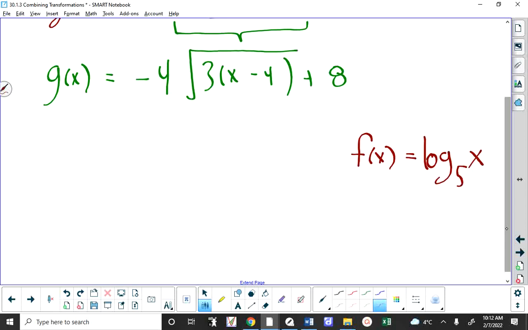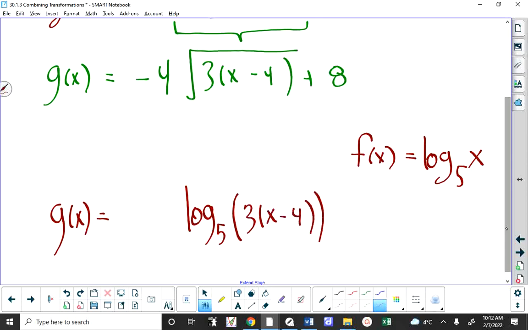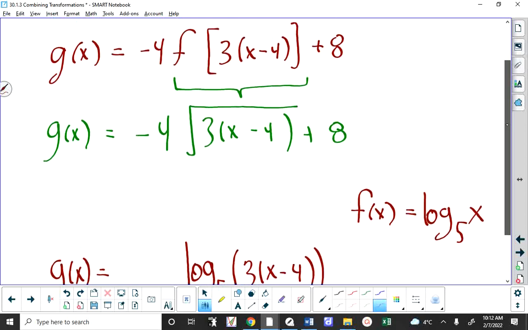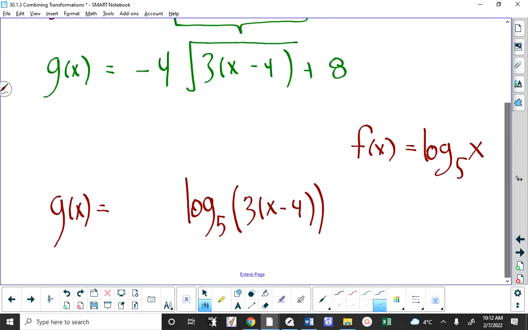Well, g of x would be log base 5 of b times x minus h, because it's f of that, so I put that in for x, and then we would have a negative 4 in front and a plus 8 here. Again, the b times x minus h goes into the function. Any questions with that final example?